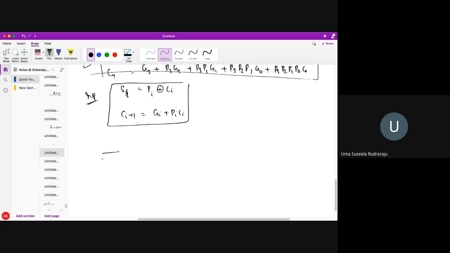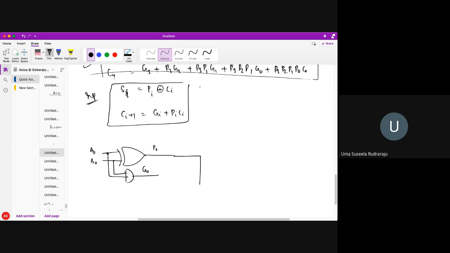So this is my A0, B0. In order to design the first bit, A0 and B0 generate P0. Next, A0 and B0 also give me G0. Next, how to get the sum?